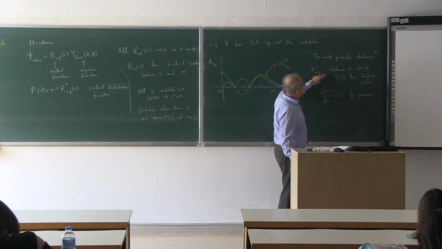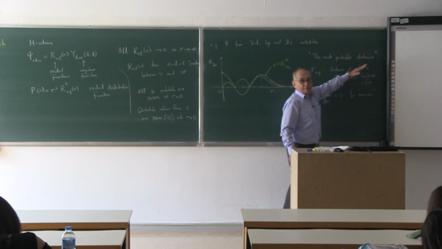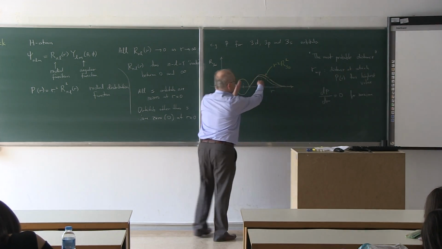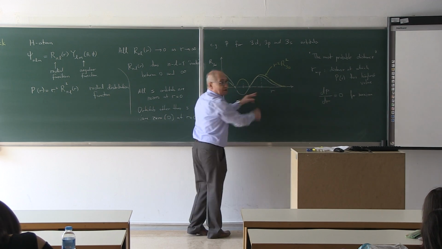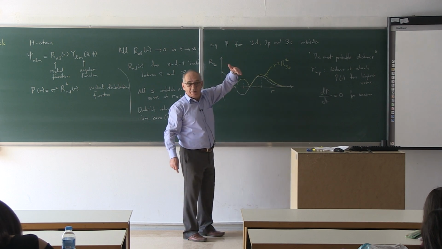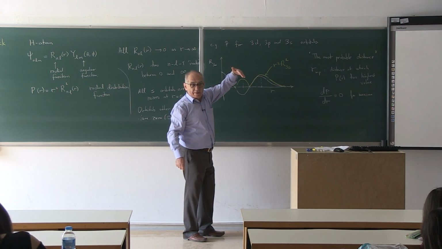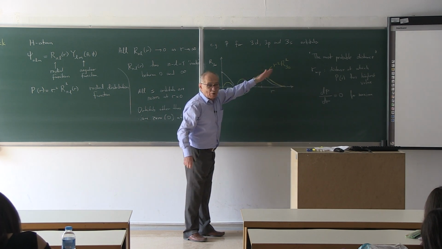The most probable distance is the distance at which P has the highest value. If you look at this graph, here is a maximum, here is another maximum, here is a third maximum. Which one of these has the highest value? From this graph, you see it is the outermost.